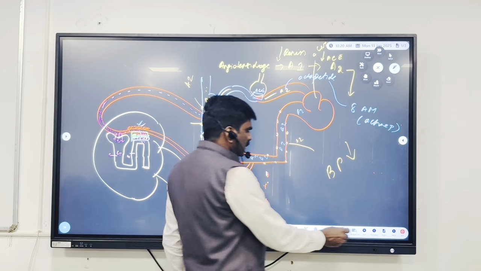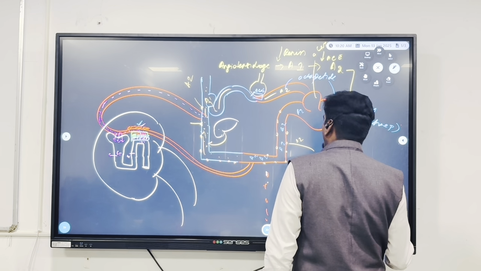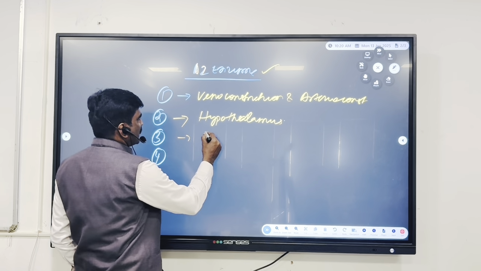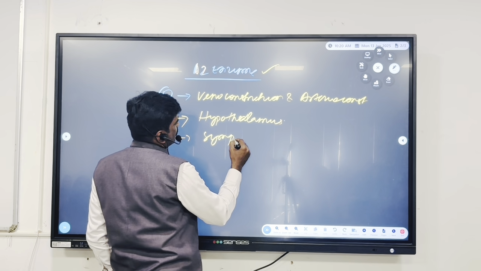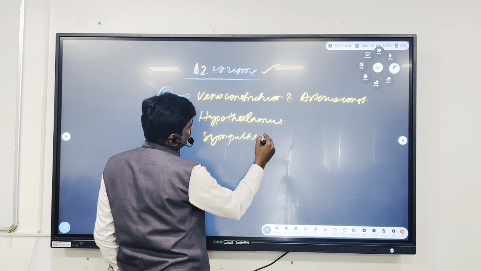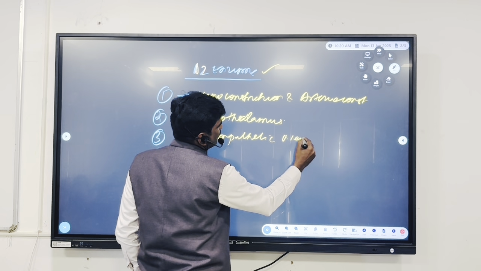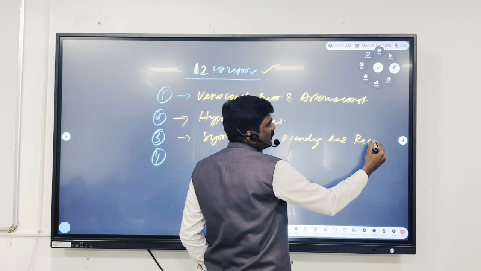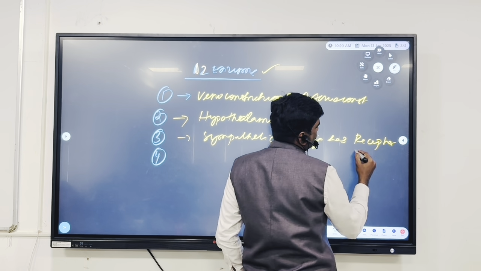See, all the sympathetic nervous system nerve endings have receptors for A2.